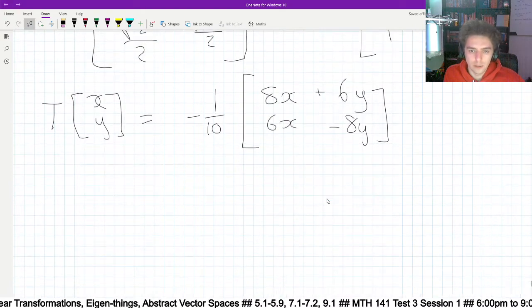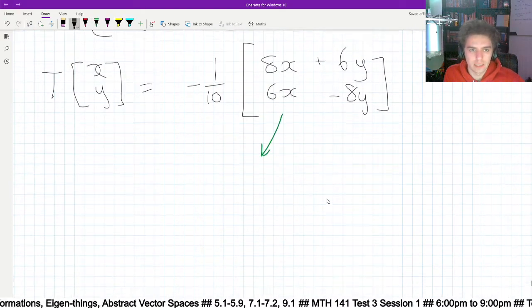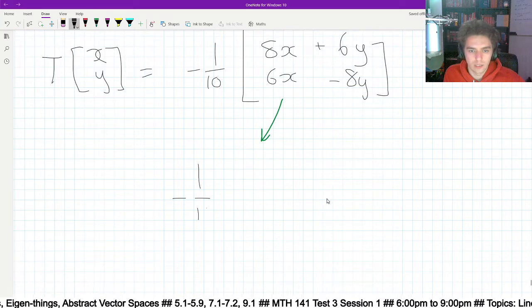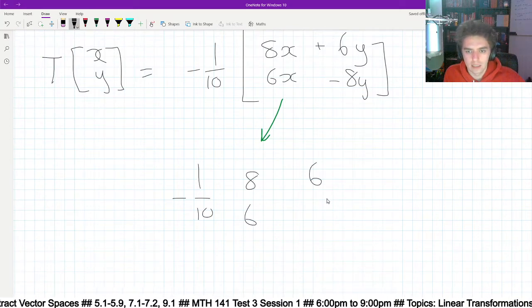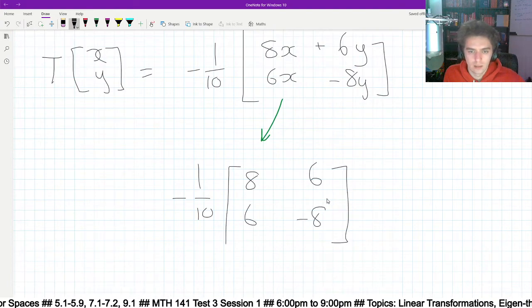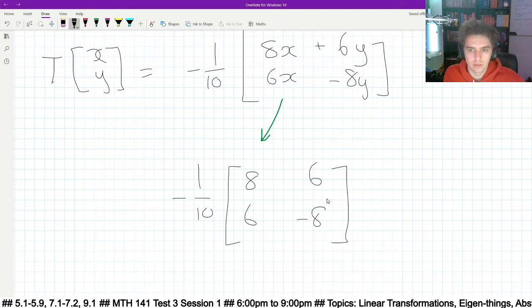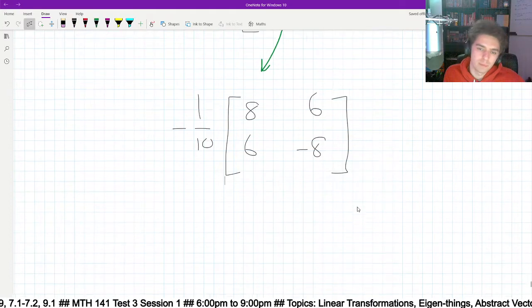And so the matrix representation of this, I could just jump right to it. It would just be negative 1 over 10, and then this matrix is just 8, 6, 6, negative 8. Kind of nice for you there.